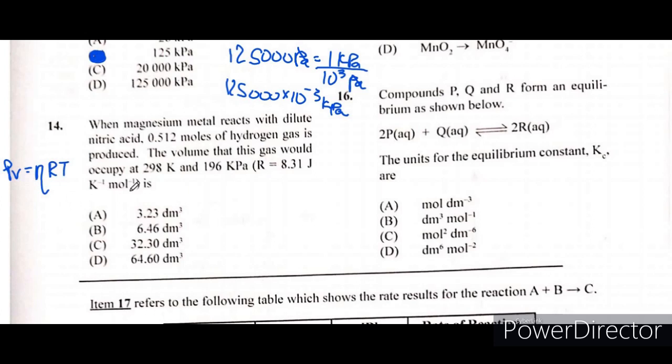Now the answers here are given in dm cubed, but when we find the answer here, we'll get it in meters cubed, because we're using R as 8.31 and we're using pascals rather than atmosphere, right?